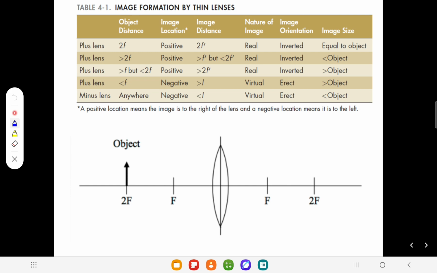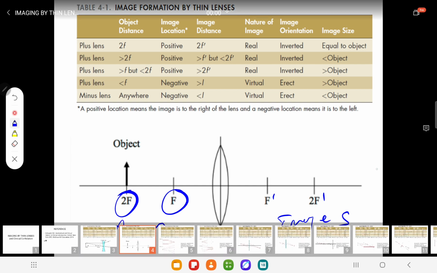In the case of a plus lens, we can have a real image, and at the same time a virtual image, and it depends upon the position of the object with regard to 2f and f. In a plus lens, we know these are f dash and 2f dash because it's the image space, right? It's the image space, and here is the object space.